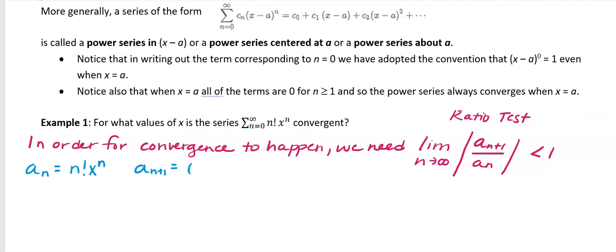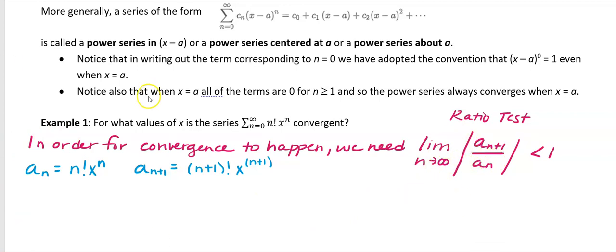So instead of n factorial, we'll have n plus 1 factorial, and instead of x to the nth power, we'll have x to the n plus 1 power. Okay, so now that we know what our a sub n and a sub n plus 1 expressions are, we can now put those into our limit formula here to the right.